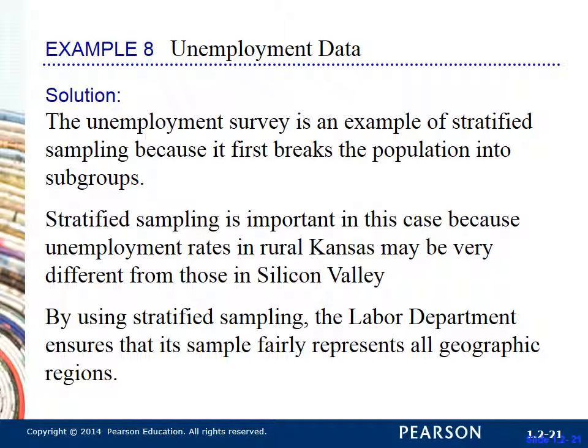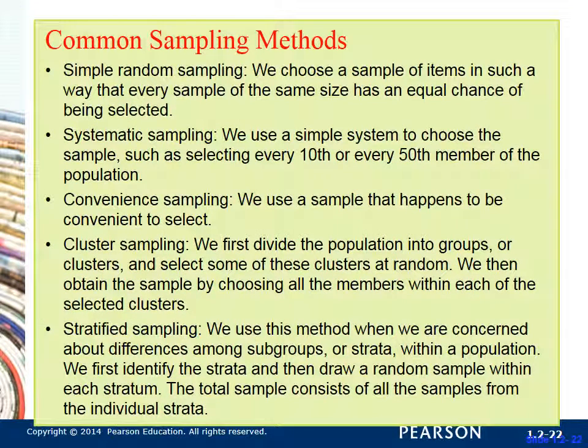If this same one had been done by cluster, you would have still gotten those same 2,000 geographic regions, but you would have only chosen maybe 200 of those and taken all of the people from those 200. With the stratified, I'd look at all 2,000 and take a few from each. Those two are very different.